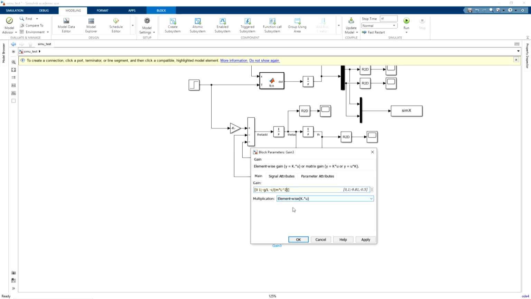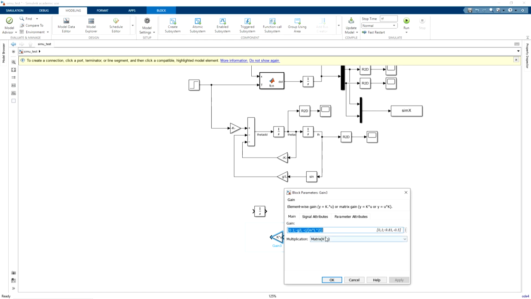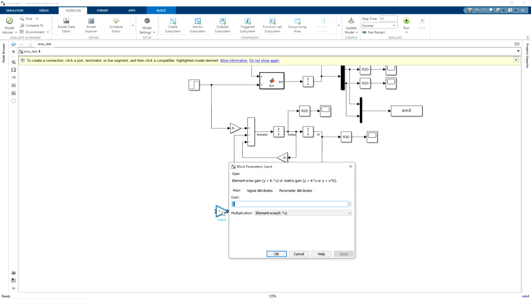Now this is a matrix here, so it should not be an element-wise multiplication, it has to be matrix K into U, because the output of this is a vector, and this gain K will be multiplied by an input which is a vector, hence it has to be matrix K into U. Then B matrix, here B is given as 0, 1 by ml square.